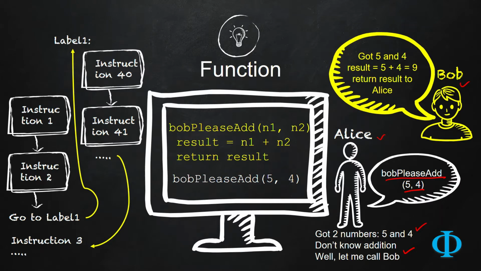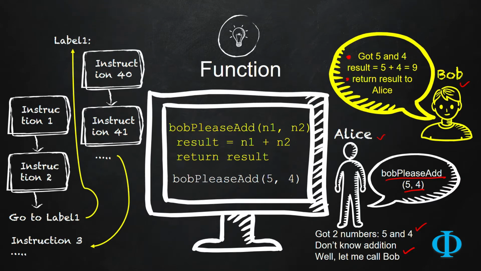Now, once Alice passed those two numbers, what happened on Bob's side is like this. Bob got two numbers, that is 5 and 4, from Alice. Since Bob knows how to add, Bob calculates the result of 5 plus 4, that is 9, and then returns the result back to Alice.